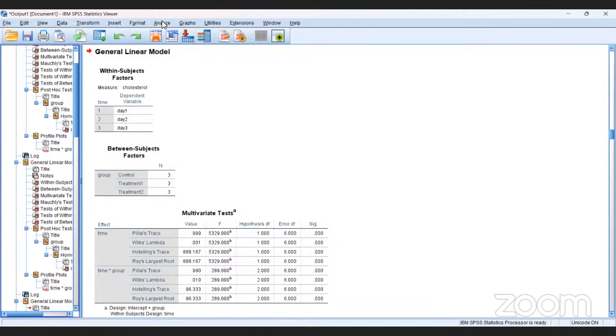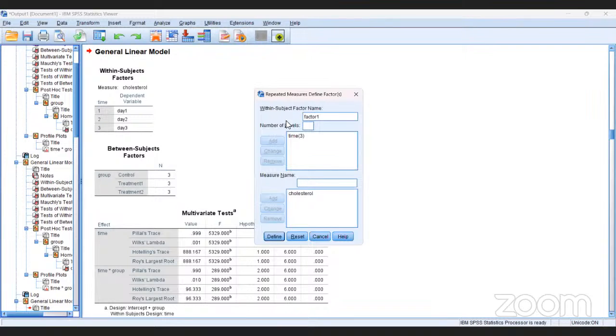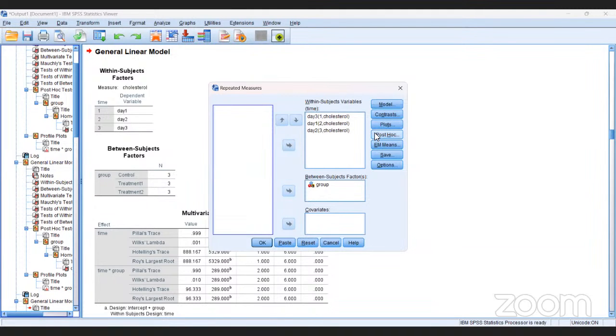Like that, in case of the general linear model, so this is called the post hoc test. This is called the post hoc test. This is defined. Here it is called the post hoc test. Okay.